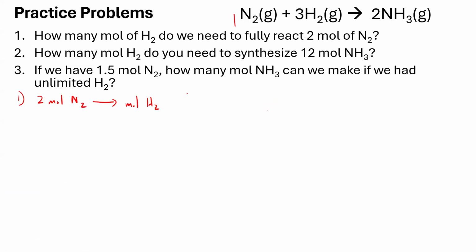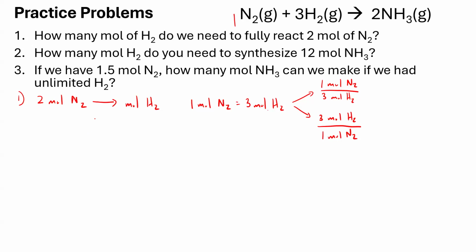I want to make sure there's that word in everything. 1 mole N2 equals 3 moles of H2. Let's do 2 fractions. We're going to say 1 mole N2 over 3 moles of H2. Here we're going to say 3 moles of H2 over 1 mole of N2.